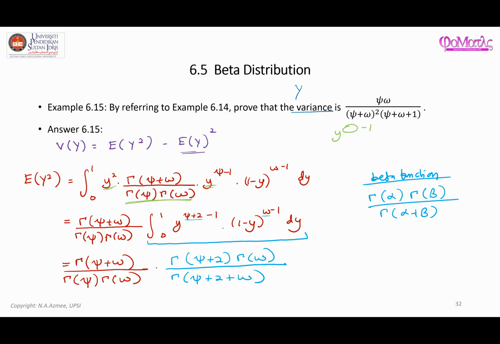Now what we need to do is simplify the expression here, and we need the property of gamma function, because what we have right now is just gamma function, and we need to be able to simplify that. Let me go to the next page, and I'm going to rewrite what we have so far.